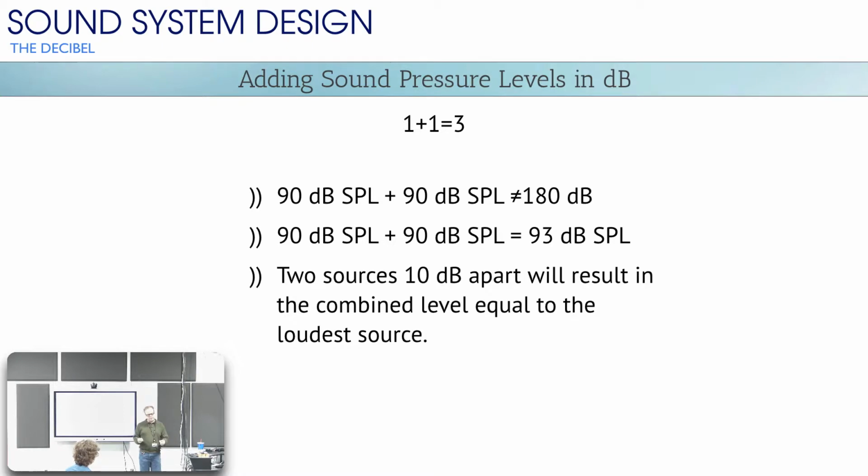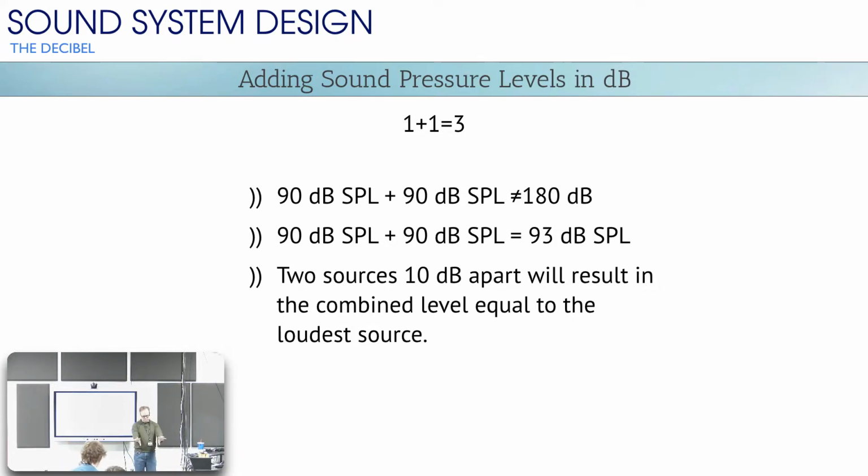Turns out, if you think about this for a minute, you'll realize why this is the case. Because remember, dB SPL represents an actual pressure value. Okay? Because 0 dB SPL is 20 micropascals, and therefore 90 dB SPL would be some value in pascals.